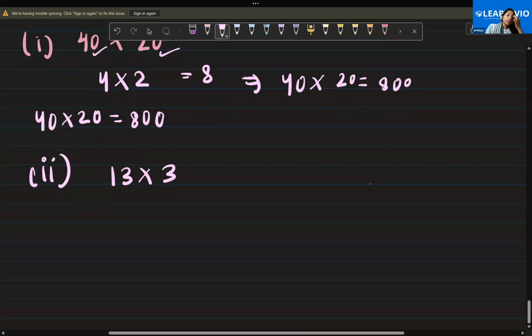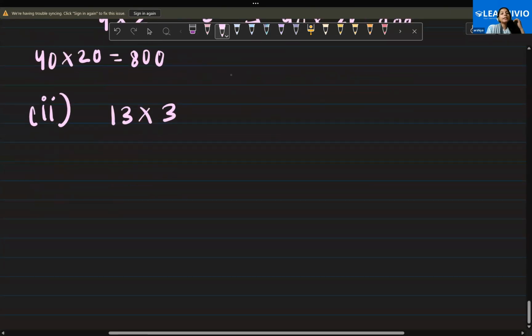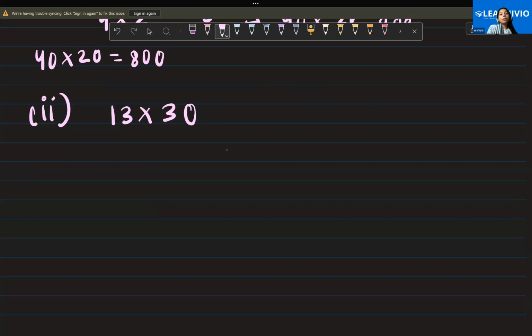Okay, the next question is 13 times 30. Now again, because we don't know the table of 30, we'll remove the 0. So the question becomes 13 times 3. 3 threes are 9, and 3 ones are 3.